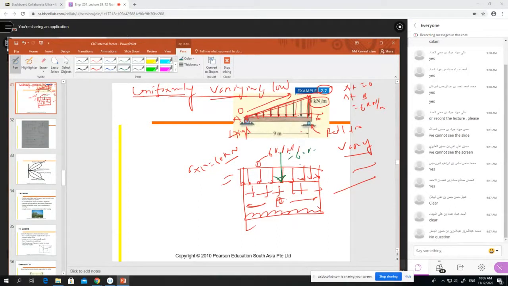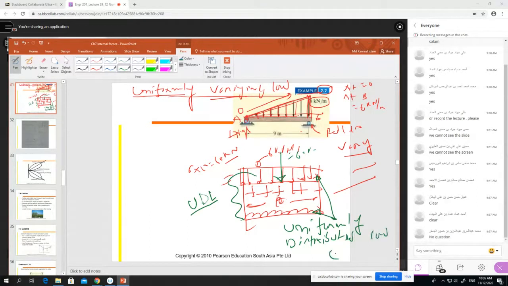This kind of load is named distributed load, or UDL, uniformly distributed load.